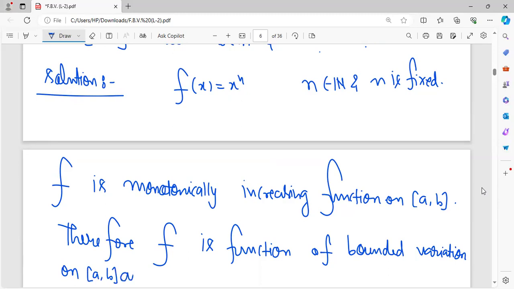And what is the total variation? Vf is equal to FB minus FA, that is B to the power n minus A to the power n. This is the answer.